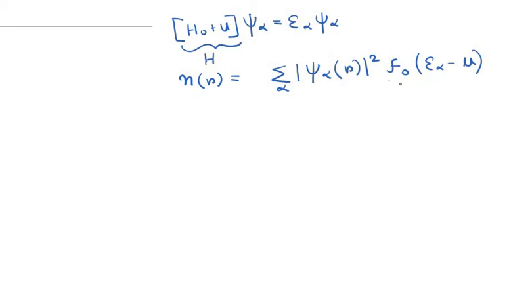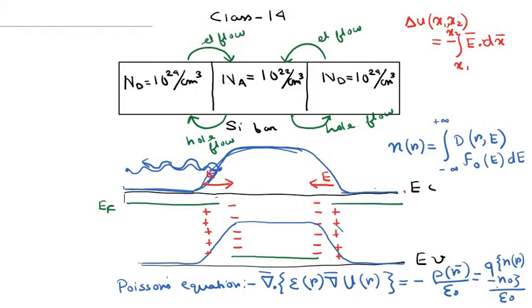So why this F0? Remember that this gives us the spatial availability of a state. For example, if we consider this diagram over here, just as I stated, if this is an energy state over here, this electron would just flow, collide with the barrier, and then get reflected in this direction again. So corresponding to this energy, there are no states in this band gap over here.